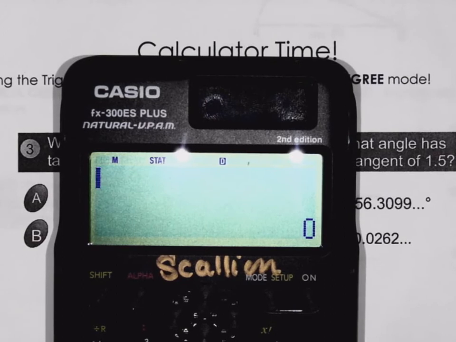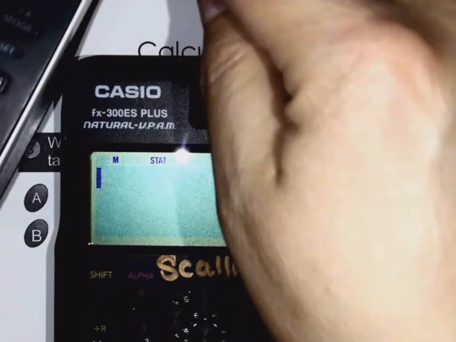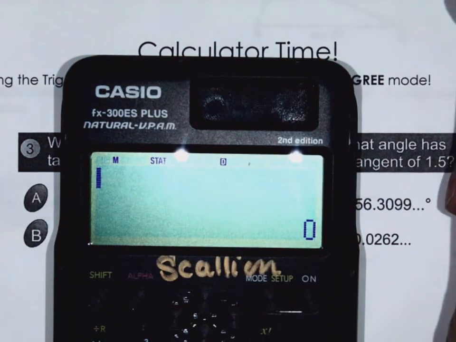Yours is a little bit different than mine. Oh, DRG is down here. So shift, and then see that DRG button, and then just pick number 1. Okay. You're in the right one. DEG, right up there. Okay, so you're good.